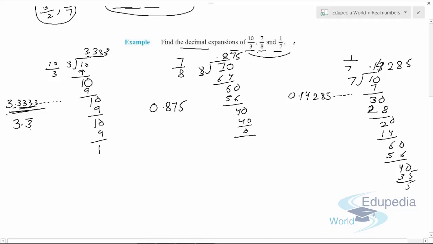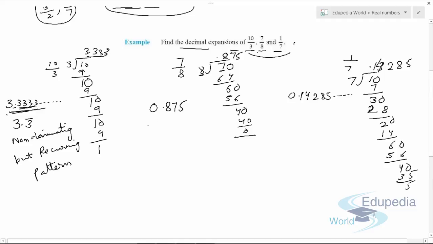Whichever part is repeated again and again after the decimal, we put a bar over the number. So this means this number is non-terminating, but it has a recurring pattern.